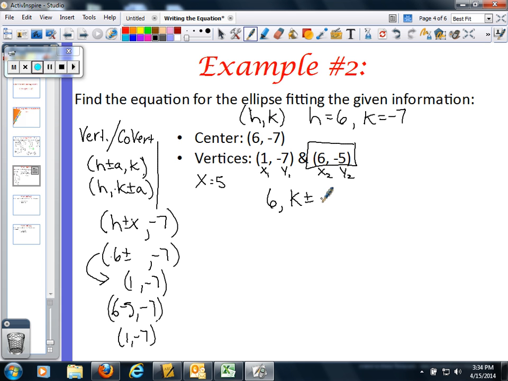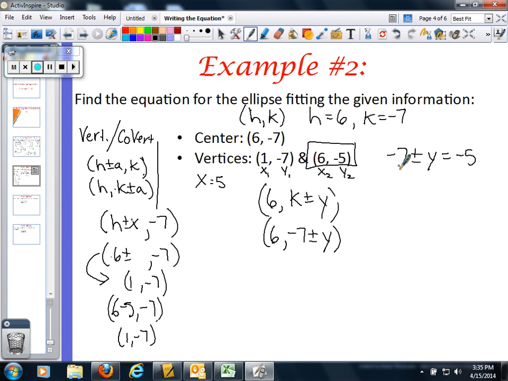So I know that this one, we're going to call it y, is 6, comma, k plus or minus y. And I also know that k is negative 7. And I have plus or minus y. And this has to equal negative 5. So negative 7 plus or minus y needs to equal negative 5.